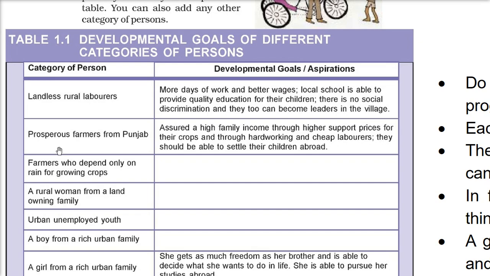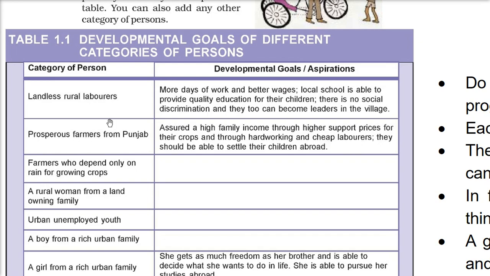What is the idea of development for the prosperous farmers from Punjab? A prosperous farmer has enough things, he has money. So he wants assurance: high family income, and high support prices from the government for the crops he is producing, and hard-working cheap laborers.